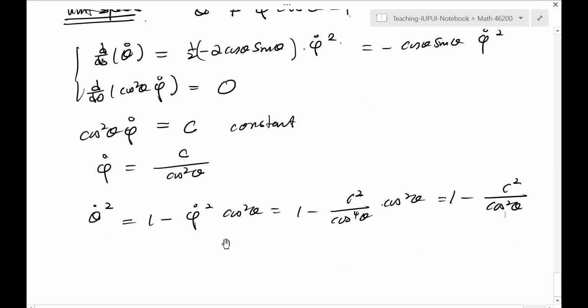So you can simplify the equations to this form: theta dot square equals 1 minus c square divided by cosine square theta. I think we can solve for theta, since it only depends on c, it is a function of c.